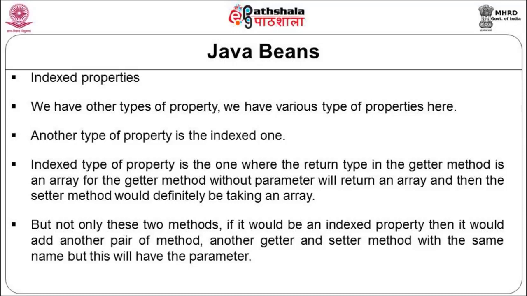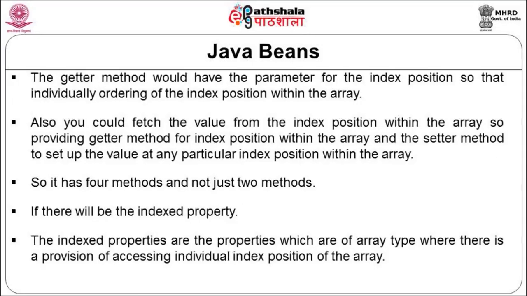If it is an indexed property, it would add another pair of methods, another get and set with the same name, but this time with a parameter. The get method would have a parameter for the index position, so that you could fetch the value at an individual index position within the array, and a setter method to set the value at any particular index position within the array.